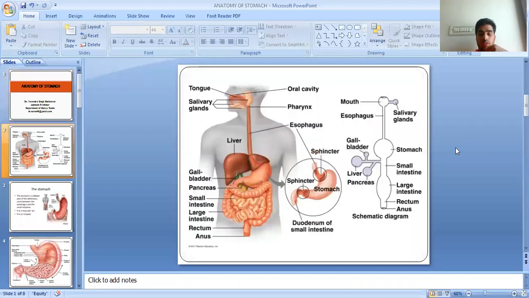As you can see in this picture, this is the stomach. This is the whole GIT system.